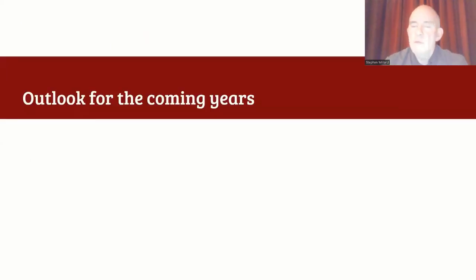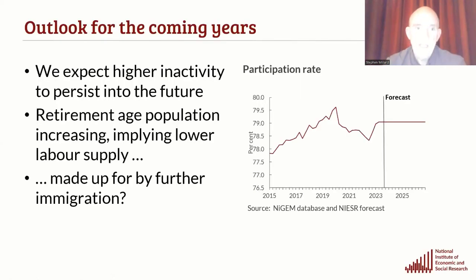Okay, what about going forward? Where do I think we're going? The participation rate, well, we expect this higher inactivity rate to persist into the future. We don't see any particular reason why these long-term sick will suddenly return to the labor market. We are going to have to wait for that cohort to move beyond retirement age before we see any pickup in participation, we think.